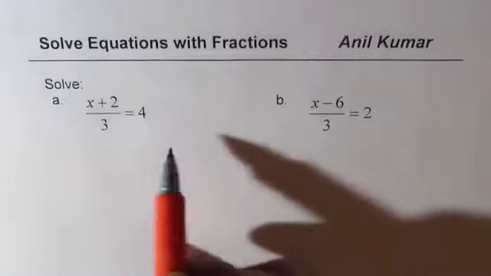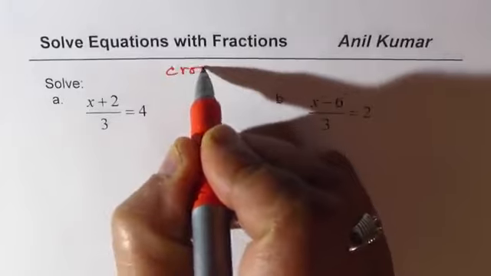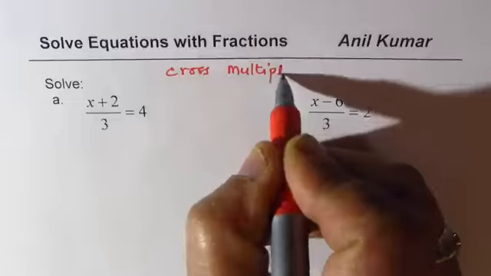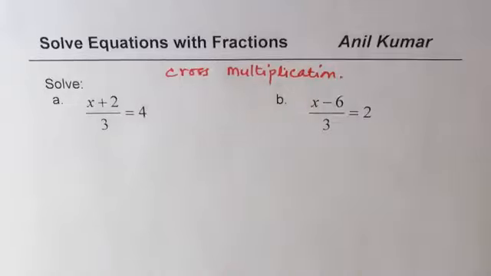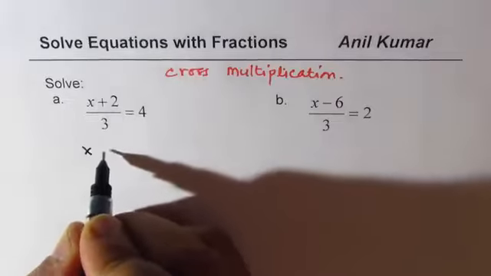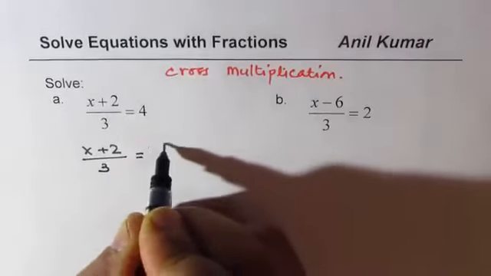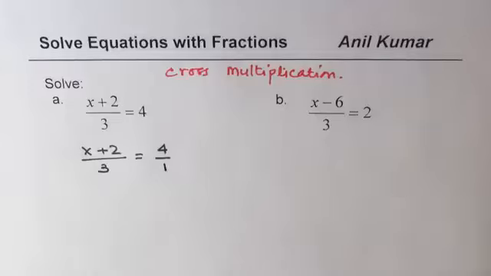Now in such case, which is kind of a ratio, you could do cross multiplication. Let's understand what we are trying to do. Think like this. We have our equation as x plus 2 over 3 equals to 4 over nothing. So think we have 1 here.